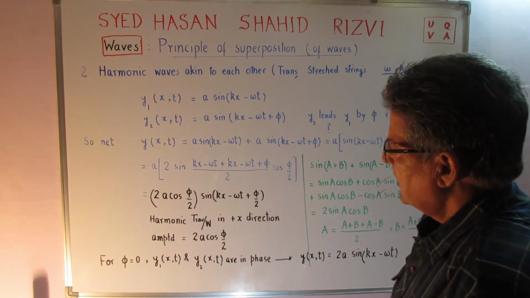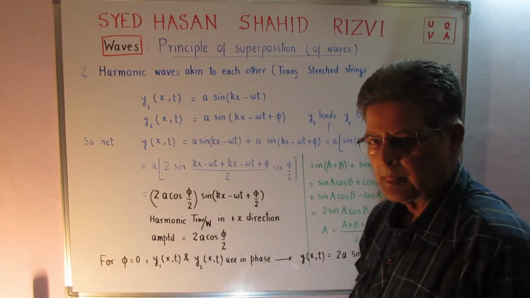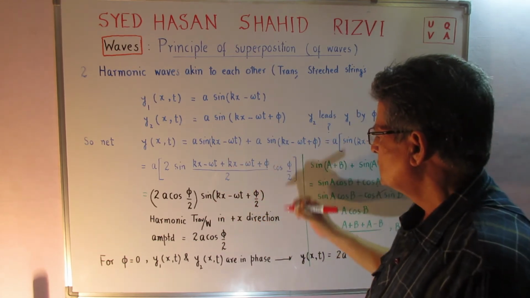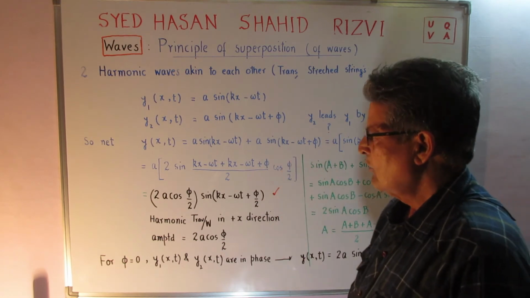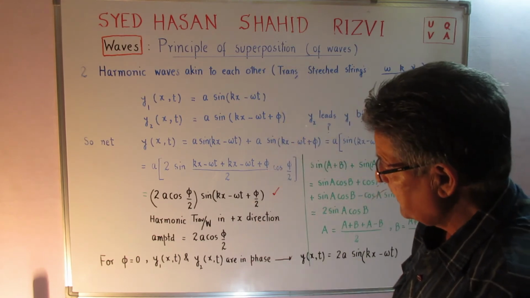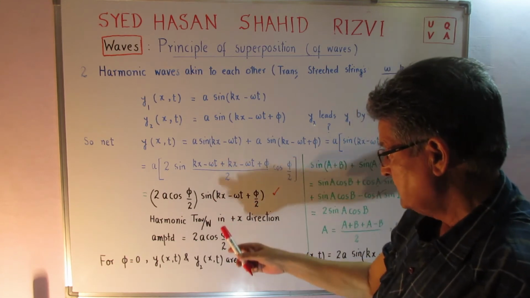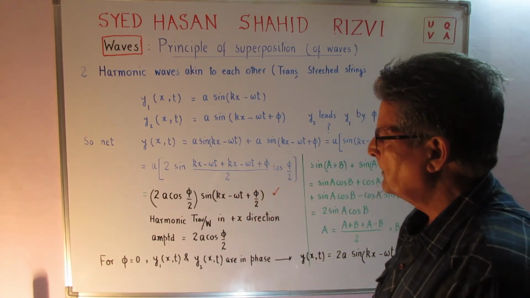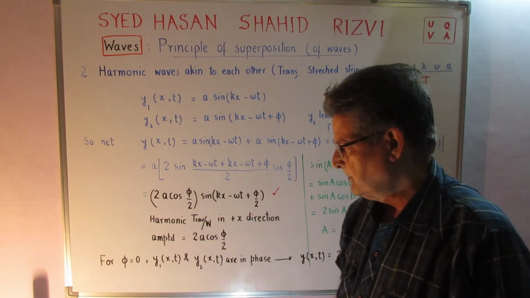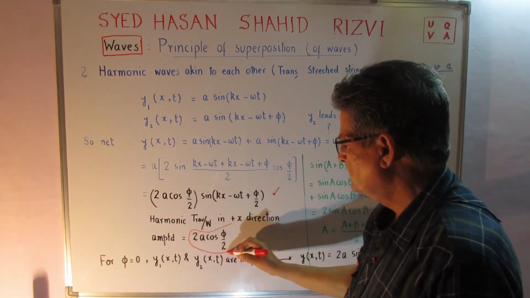Right? So now let us put together 2a cos of phi by 2 and sine of (kx minus omega t plus phi by 2). So this is a new equation that we get for y(x, t). So look at it. It has an amplitude 2a cos of phi by 2 and sine of (kx minus omega t plus phi by 2), which is definitely a harmonic travelling wave in the positive x direction, whose amplitude is 2a cos of phi by 2.